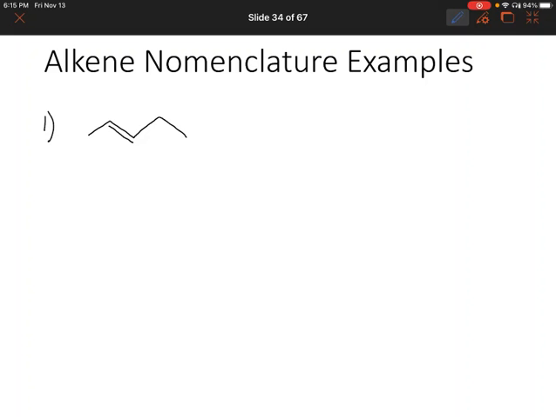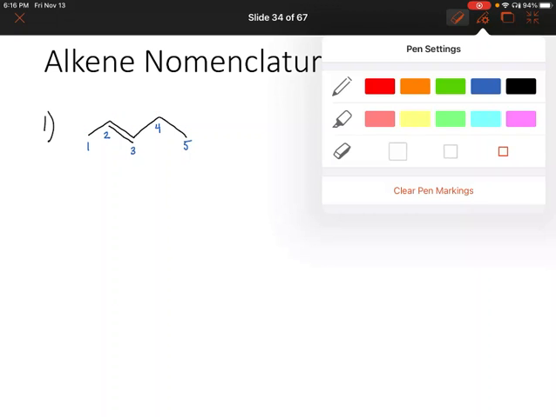So I'm going to number starting from the left. 1, 2, 3, 4, 5. And the double bond starts at carbon 2. Now, if we had numbered the opposite way, from right to left, you can see that the double bond would start at carbon 3, and that's higher than 2, so that is the incorrect way to number that chain.